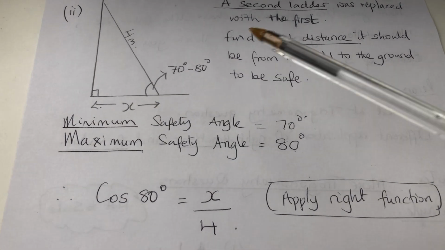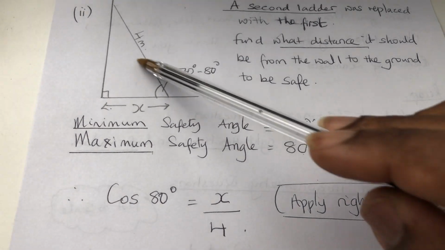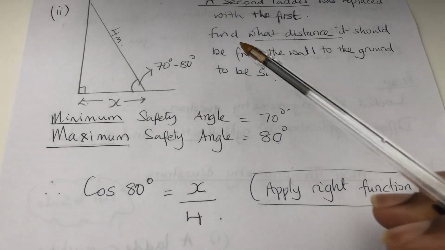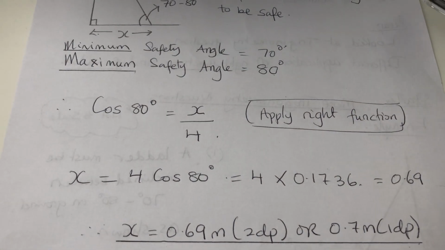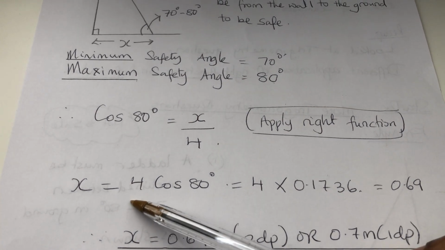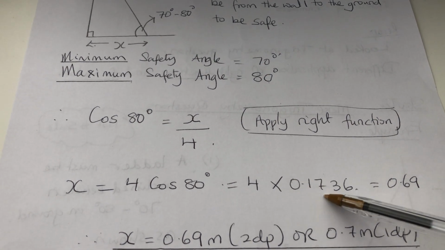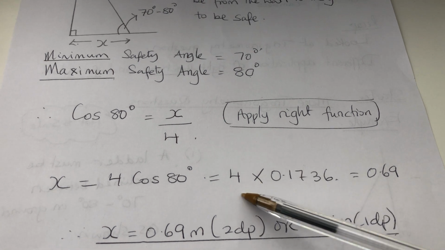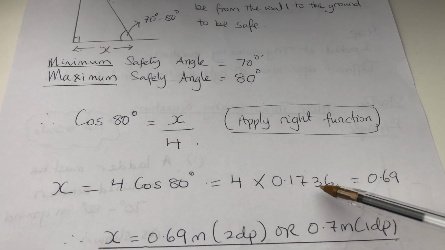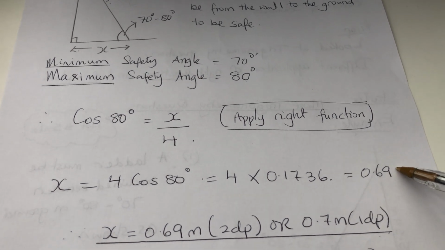That is the maximum distance you can fit it at, divided by the 4 meters of the length of the ladder. So here again, we need to apply the right function. So x will be 4 cos 80. Cos 80 on the calculator is 0.1736, times 4 will give you 0.69.